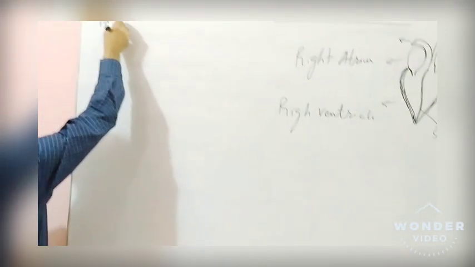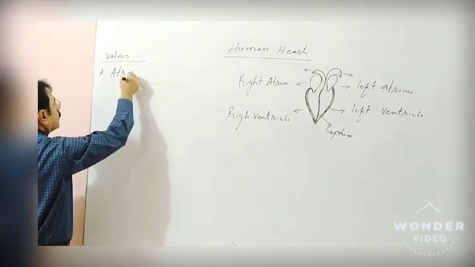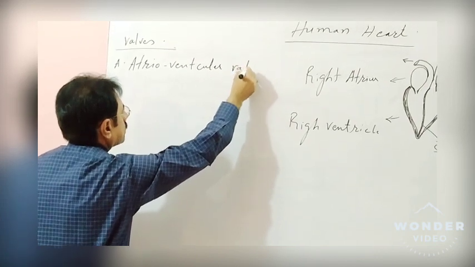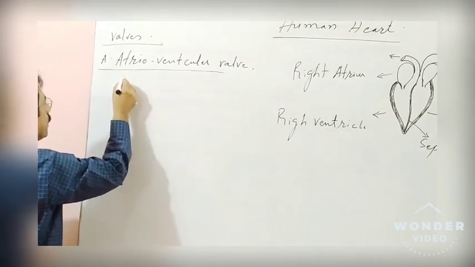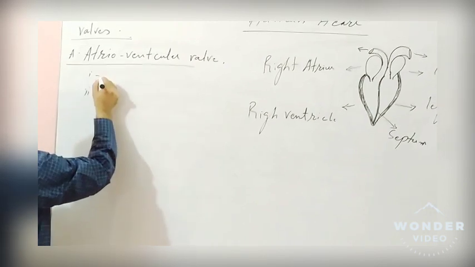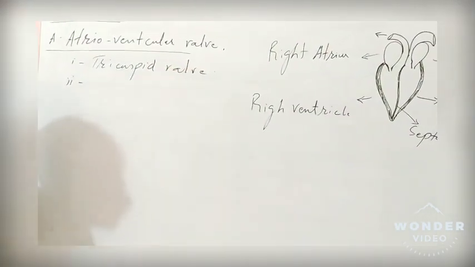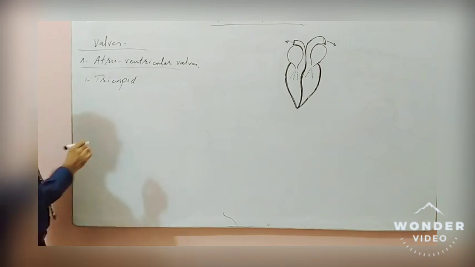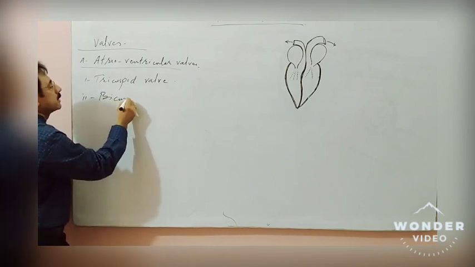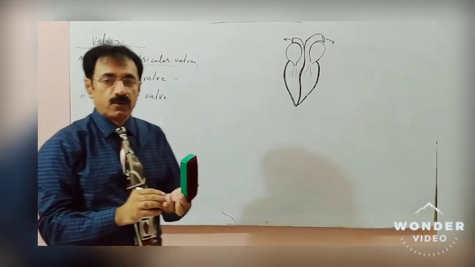Valves. The atrioventricular valves are of two types: the tricuspid valve and the bicuspid valve.